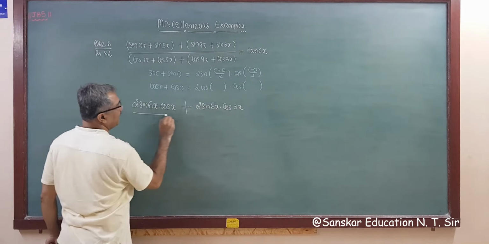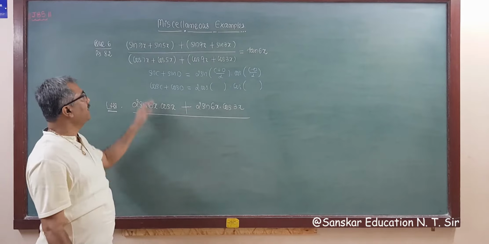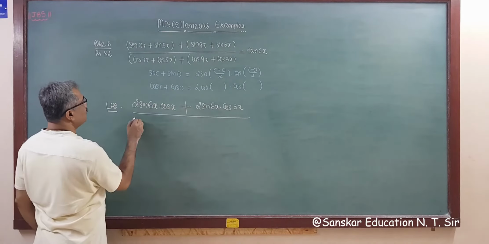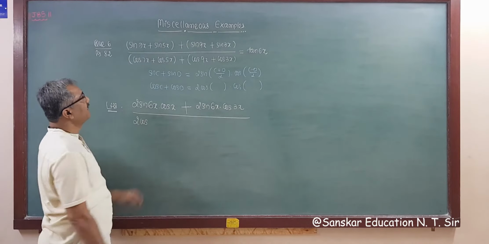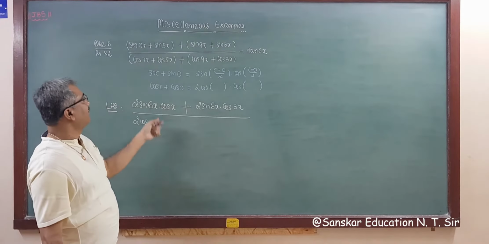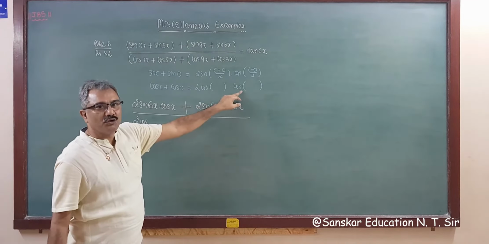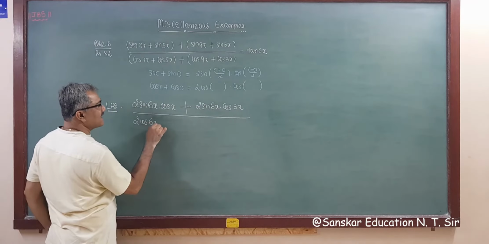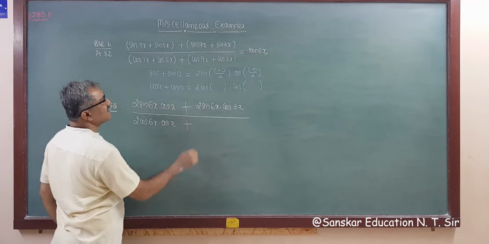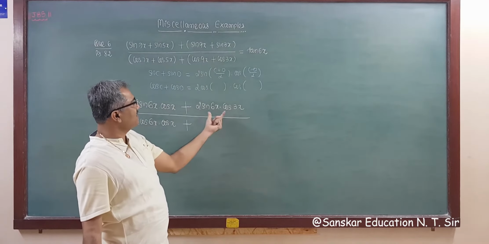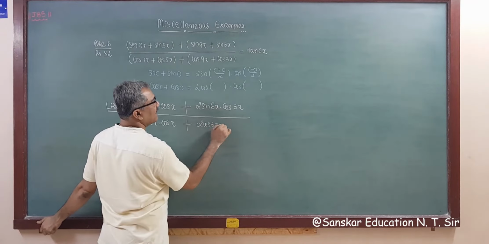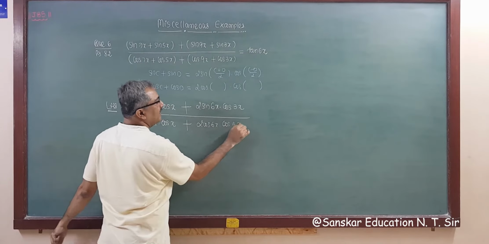Same thing, applying the formula in the denominator, cos C plus cos D: 2 cos 6x into cos x, plus the same formula, 2 cos 6x into cos 3x.